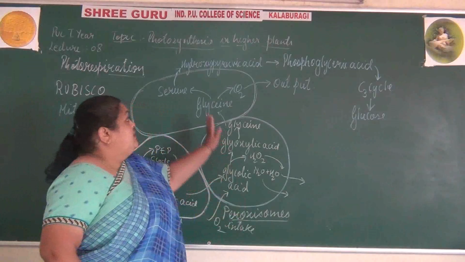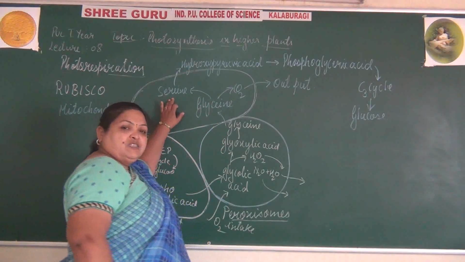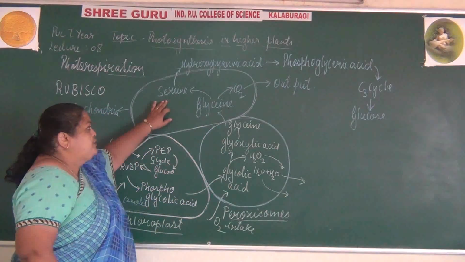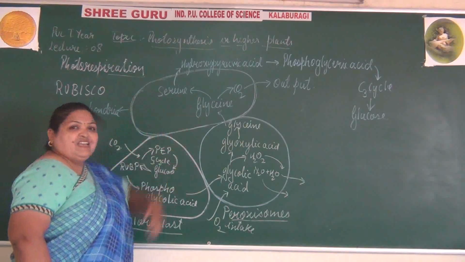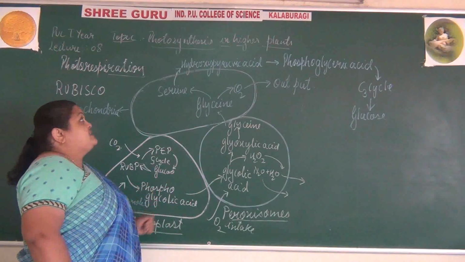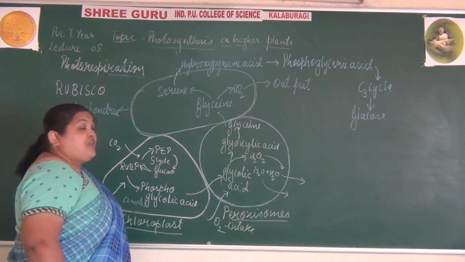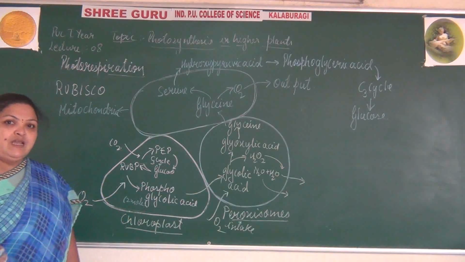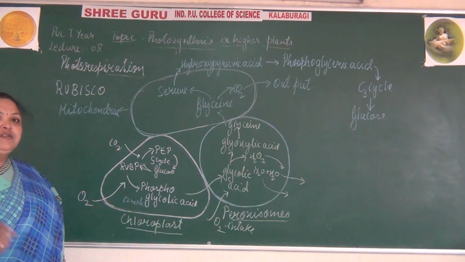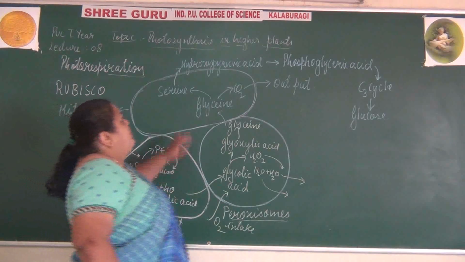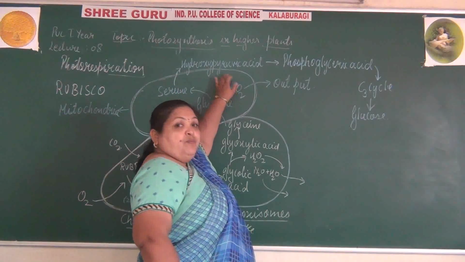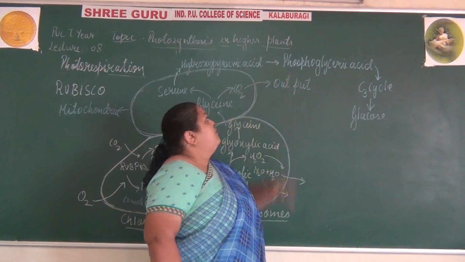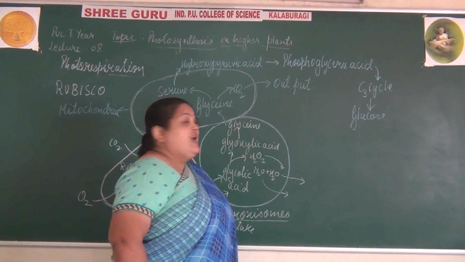Yes, the serine that is produced, when it is released out, is used by another component of the cell to form hydroxypyruvic acid, which is converted to phosphoglyceric acid.